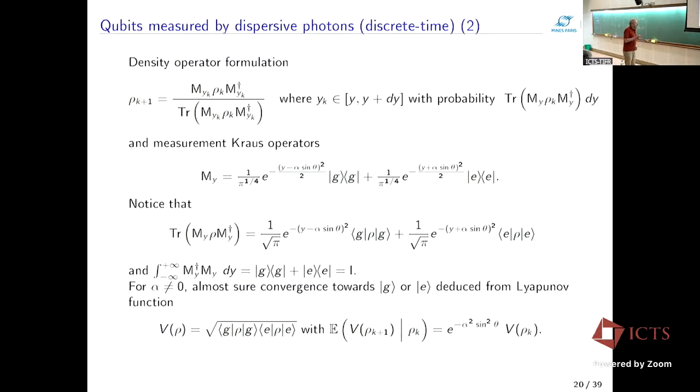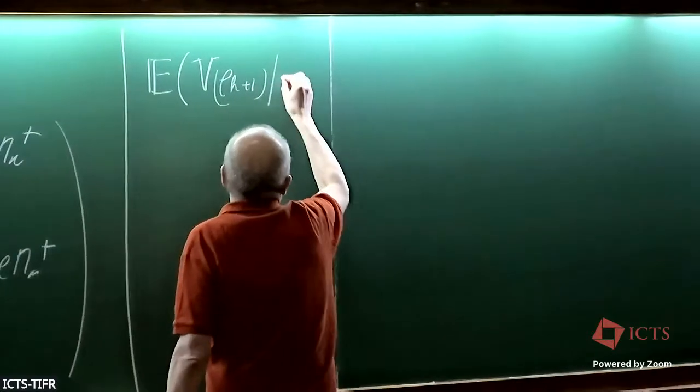And then what you can do, exactly as we have done for the photon, when you have this QND measurement of the qubit energy, you can compute the expectation value of V of rho k plus 1 knowing rho k, and you obtain this. So maybe I can do the computation just to explain. So what is the expectation value of V of rho k plus 1 knowing rho k?